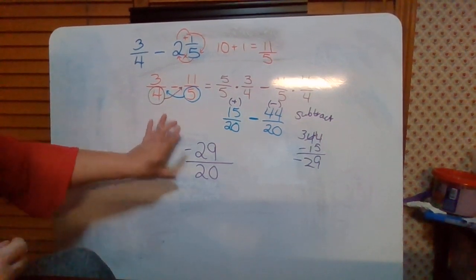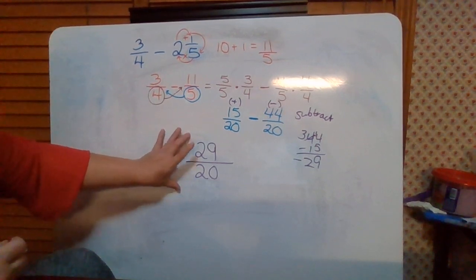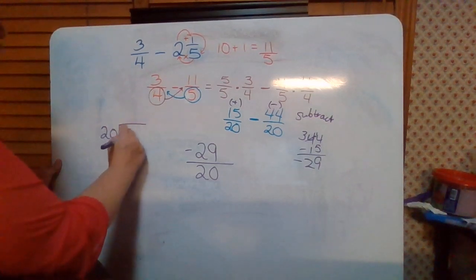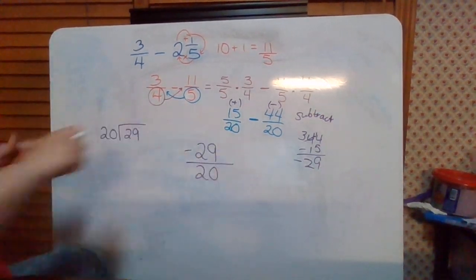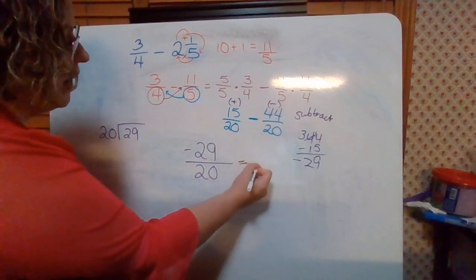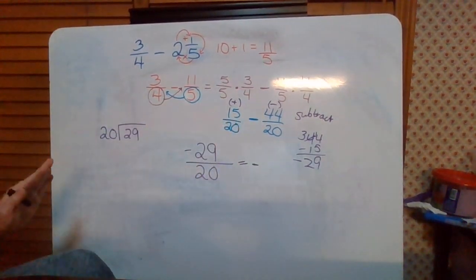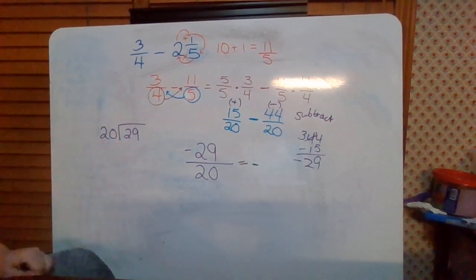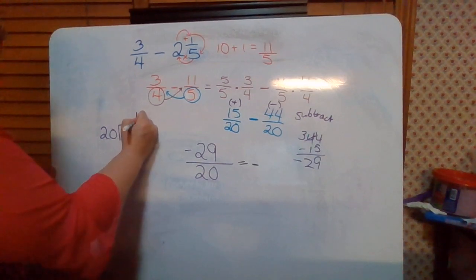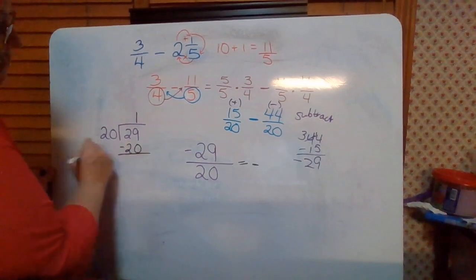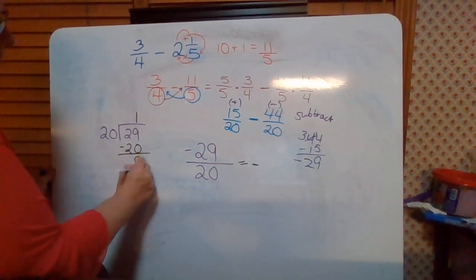I have to convert it back to a mixed number. So I have 20 on the outside and 29 on the inside. I already know that it's going to be negative, so I don't have to worry about the negative. How many times does 20 go into 29? Once. 20 times 1 is 20. When I subtract, 29 minus 20 is 9.